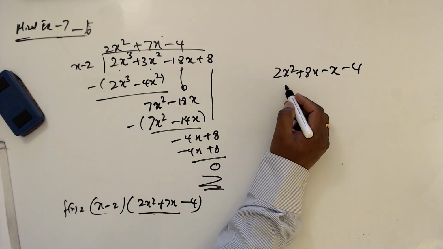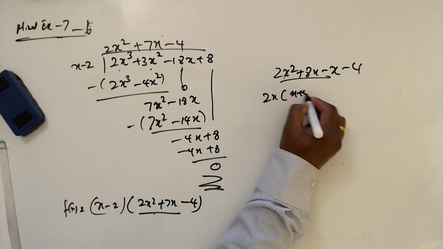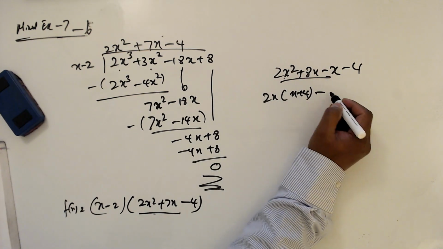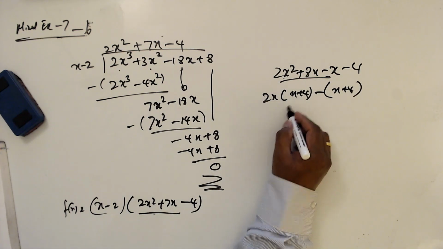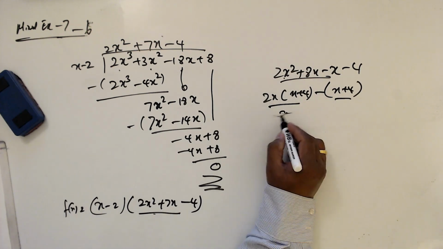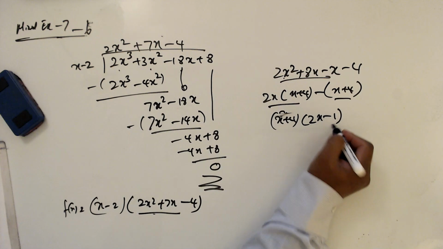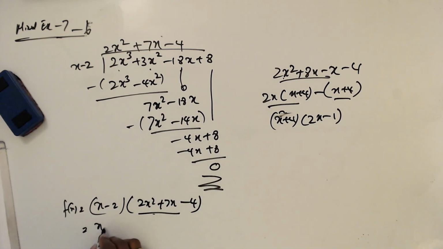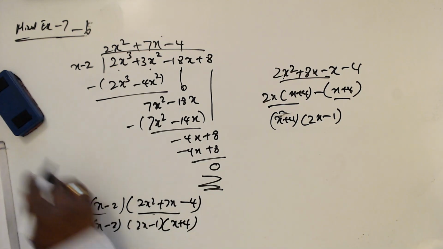So from here, when I take 2x out, this is going to be x plus 4. When I take minus out here, this is going to be x plus 4. So then x plus 4 is common here. When you take x plus 4 out, this is going to be 2x minus 1. So this is equal to x minus 2, 2x minus 1 times x plus 4.